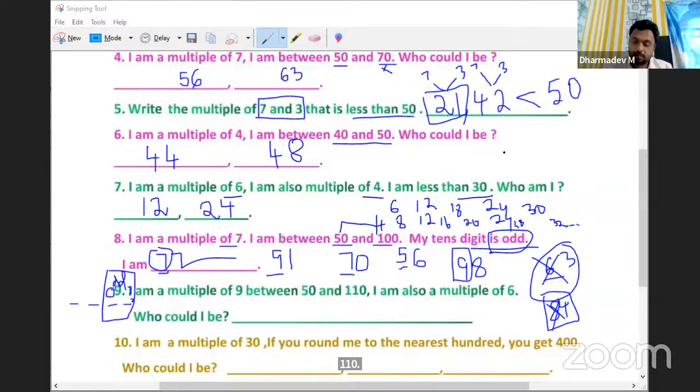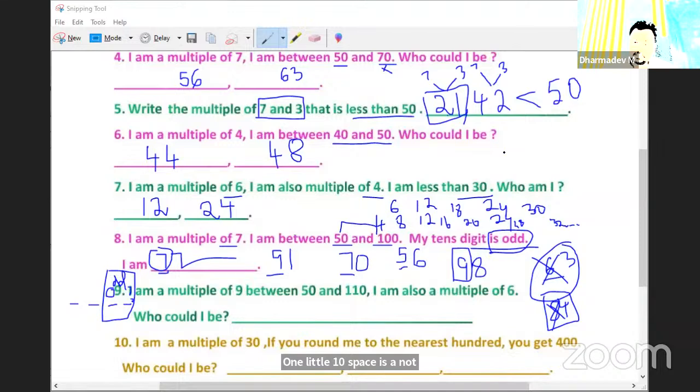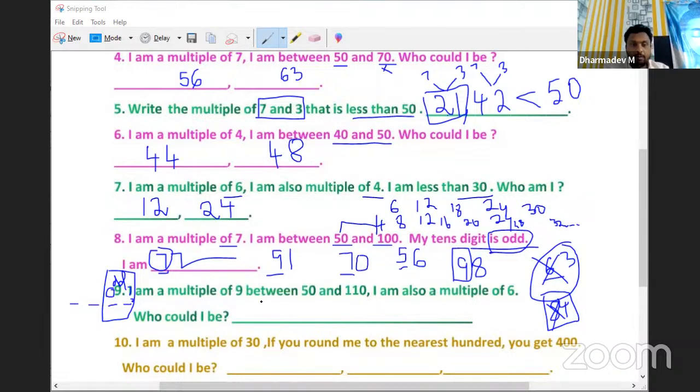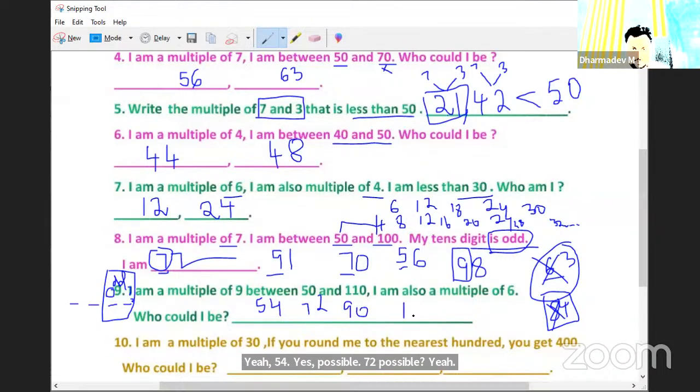Only the tens place is odd. Yes, 54 is possible, 72 possible, 90 possible, 108 possible.